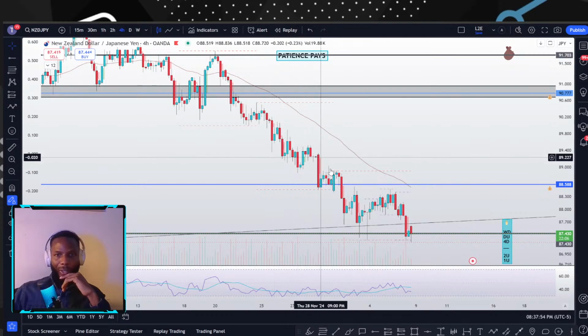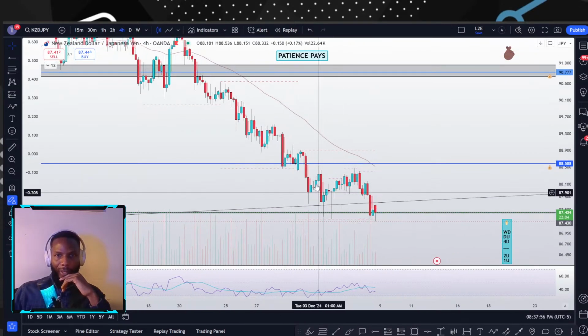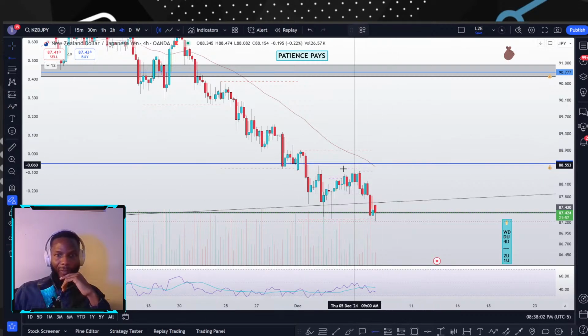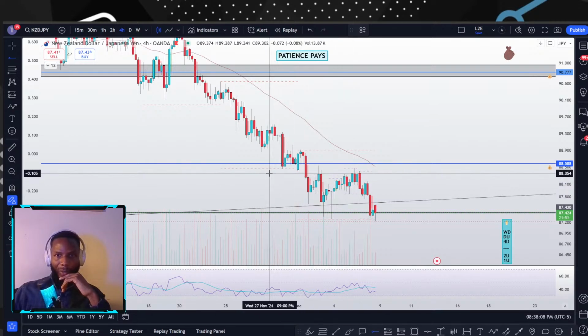So 4 hours just heading down. You can tell it hasn't broken any structure to go up. So I just have to mark the last level that I see, which is here. I could put it here, but I don't want it in the way, so I'm going to put it back here and right here.